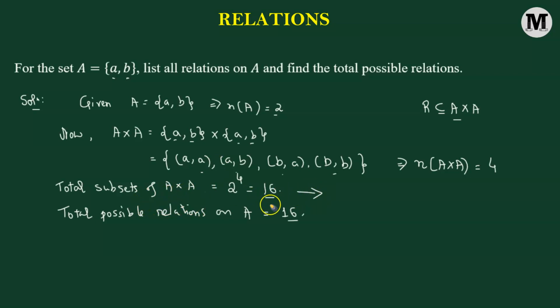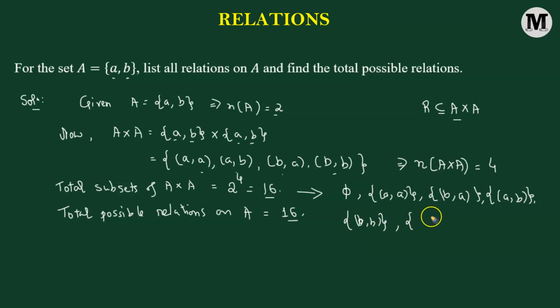Since there are a total of 16 subsets of A cross A, what are the subsets? We have the null set, then the set containing a single ordered pair {(a, a)}, then {(b, a)}, next {(a, b)}, and {(b, b)}. Each of these sets contains one ordered pair. Next, we take 2 ordered pairs at a time.